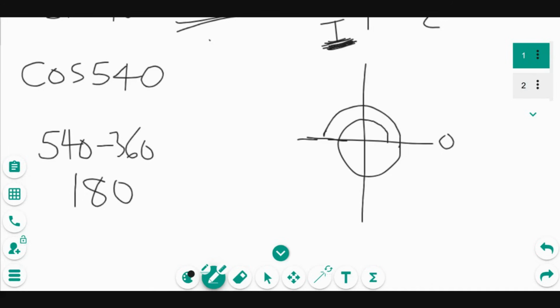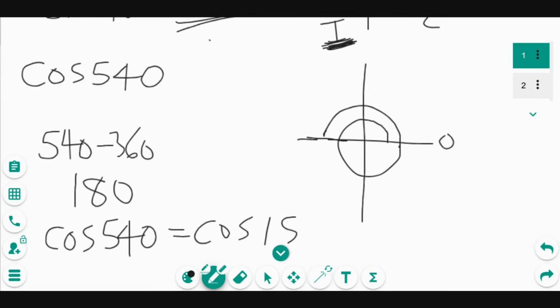So I can rightly say that the cos of 540 is the same as the cos of 180. You can prove that on your calculator. The cos of 180 is negative 1.